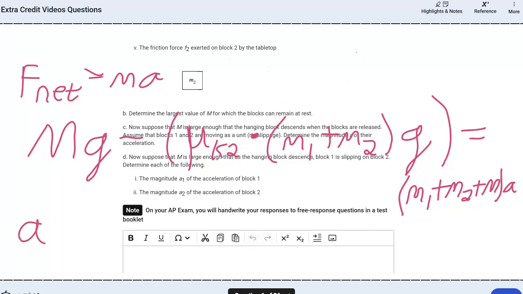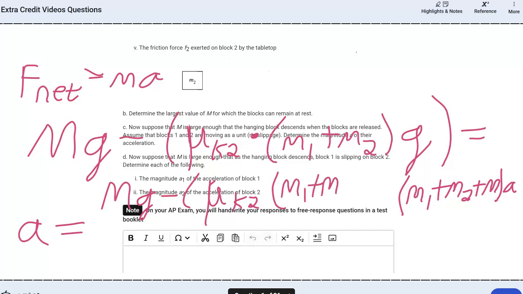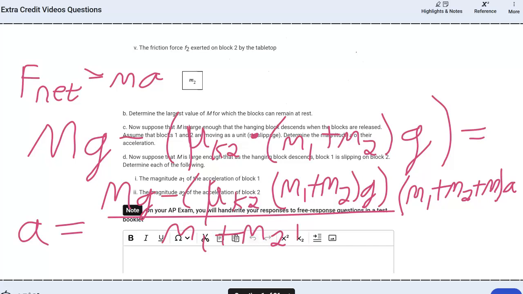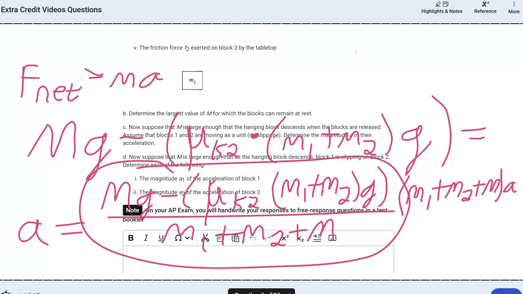So to solve for acceleration, we're going to divide by m1 plus m2 plus m, over m, and that's our acceleration of the unit.